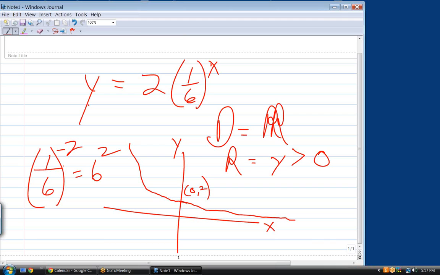And that's the thing that most people have the most difficulty remembering, is that negative exponents have nothing to do with negative numbers. In fact, as long as this is a positive number, this will always be a positive number, whether x is plus or minus.